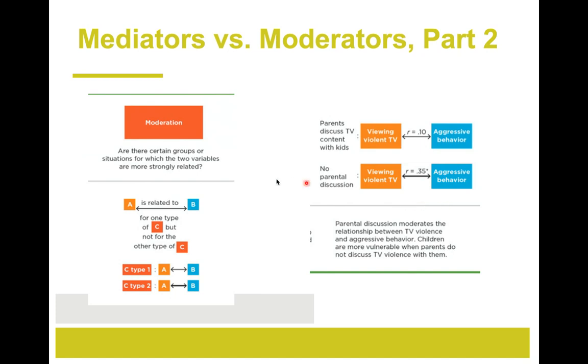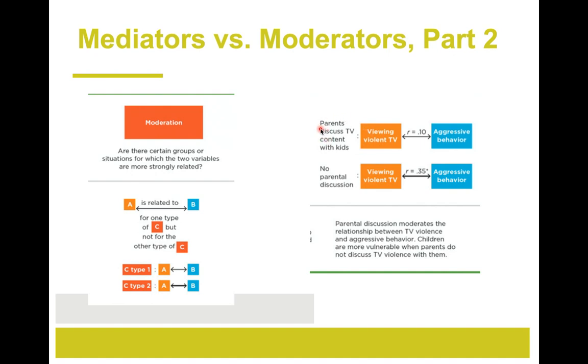It's also possible that there's a moderator that moderates the relationship between viewing TV and aggression. So we say viewing violent television, A, is related to aggressive behavior, B, but it depends upon the type of person you are. For variable C type 1, the relationship differs from variable C type 2. So maybe variable C is parenting behaviors.